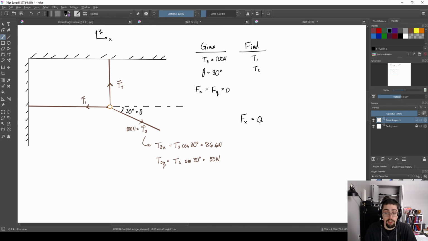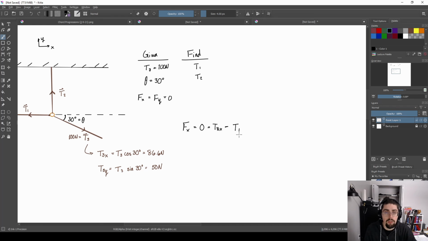What actually goes into the x direction? Well, I have the x component of T3 pointing in positive x. I have all of T1 going in negative x. All of that should sum up to be equal to 0. 86.6 minus something is equal to 0. T1 is equal to 86.6.